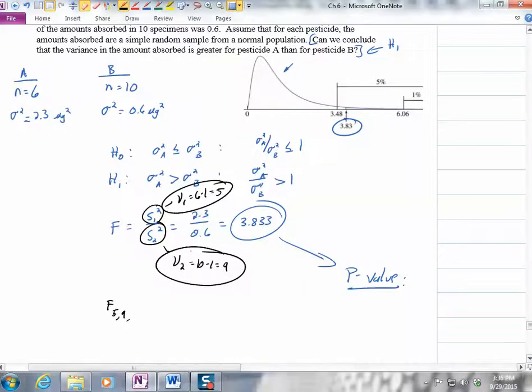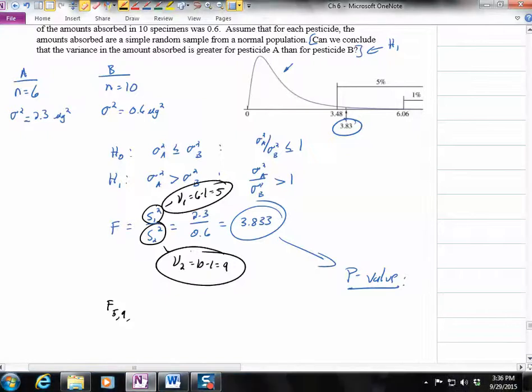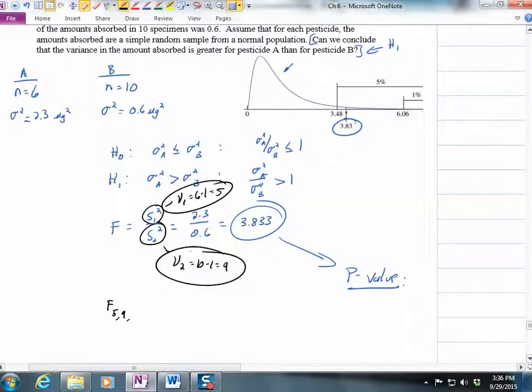You should be able to locate 3.48 as the value for 0.05. And so it lists 4 areas there, right? These right here? Okay. So it lists 4 areas. It doesn't give you a lot of information. So you see for the area of 0.05, and you get 5 degrees of freedom and 9 degrees of freedom. Does everyone see where that 3.48 is the value on the table?